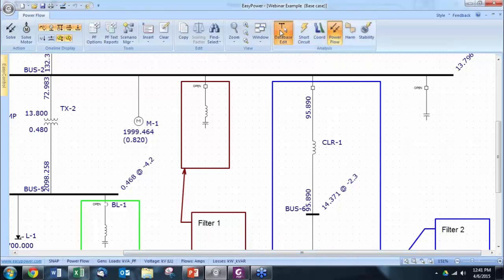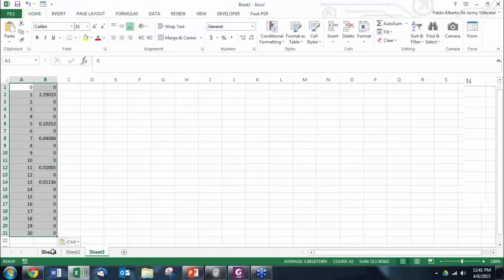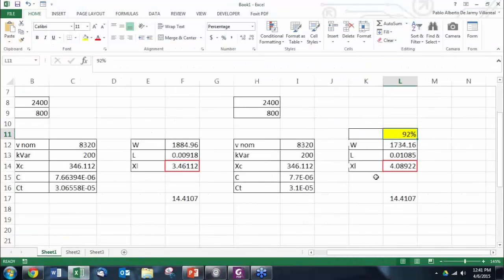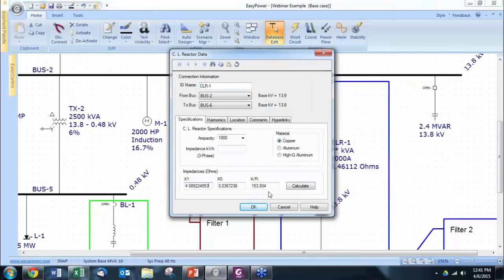But that's not the best thing to do. You want to tune this filter a little below, let's say 92%. So I'm going to tune this filter right there.